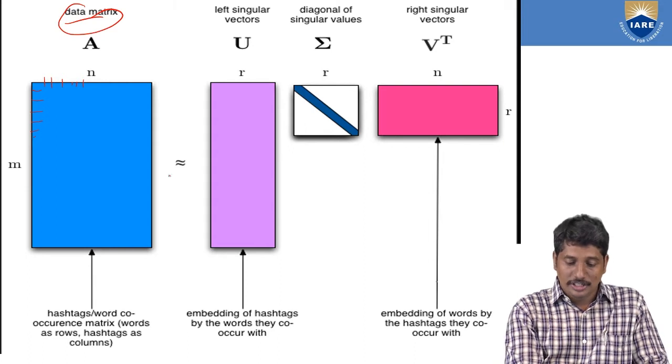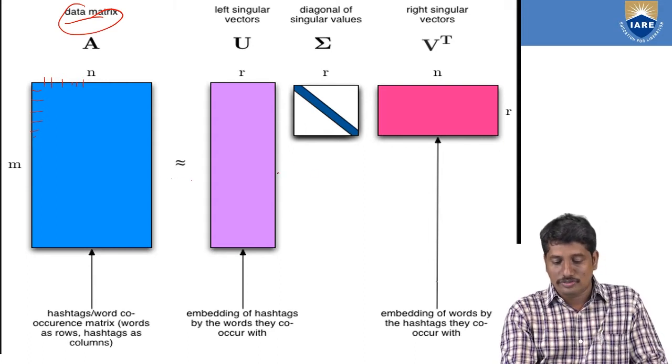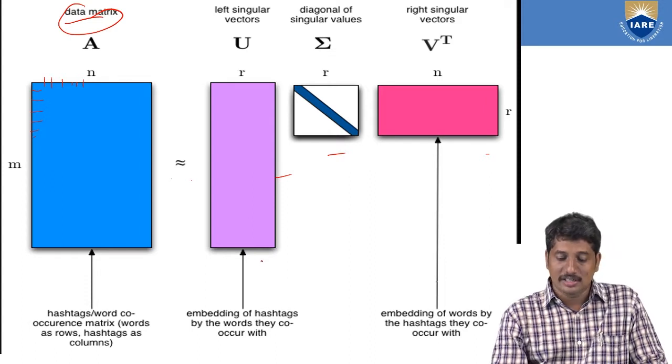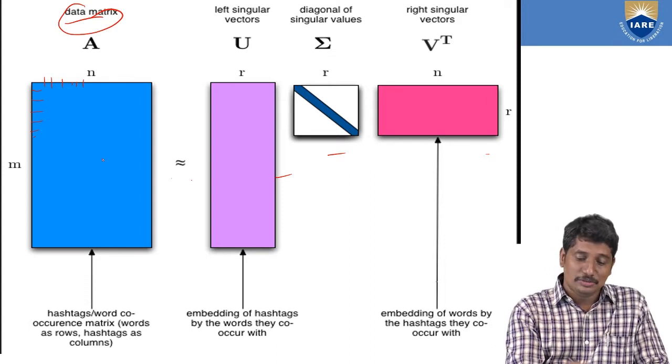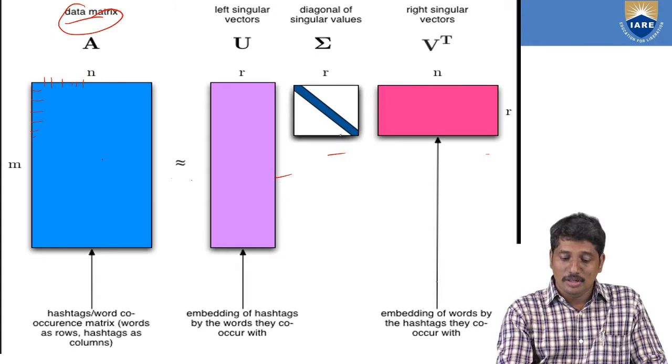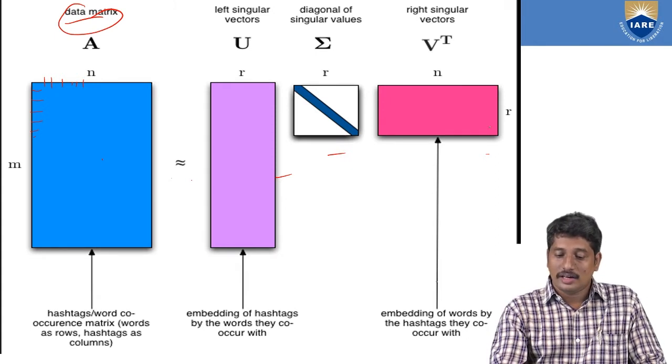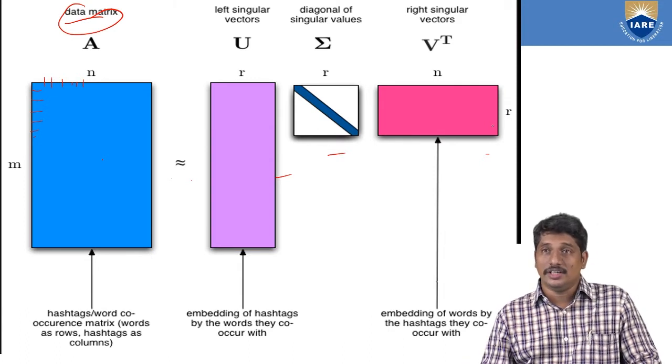Then we decompose this matrix into a product of three matrices: the first matrix is pink, the original matrix is blue, the middle matrix is white mixed with dark blue, and the right side matrix is red.